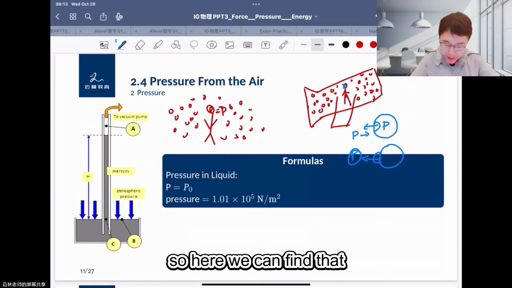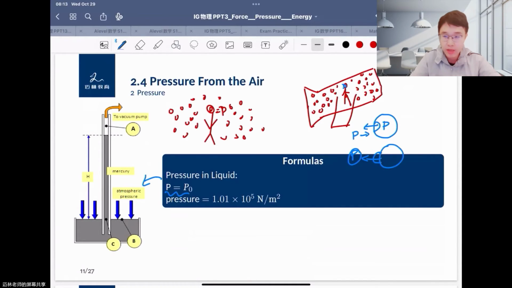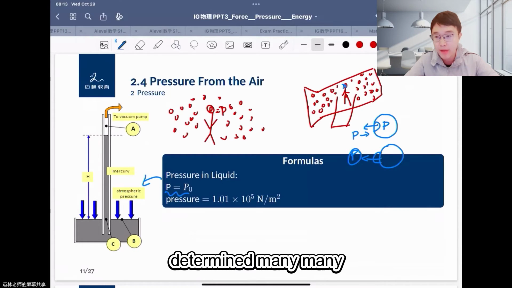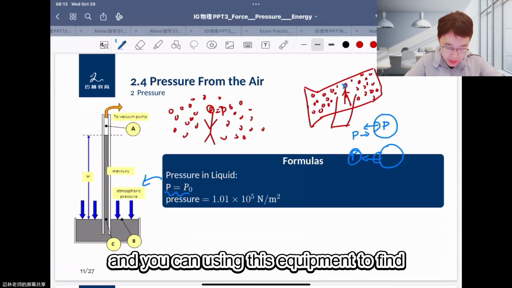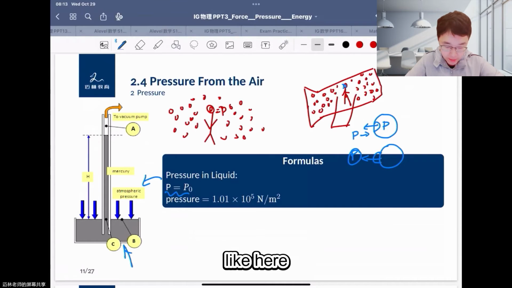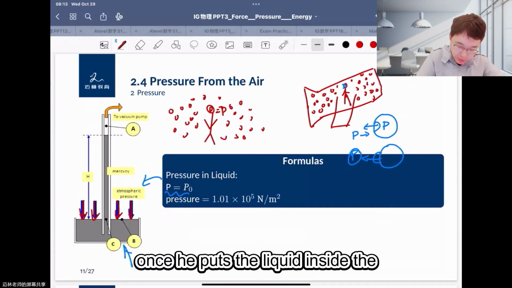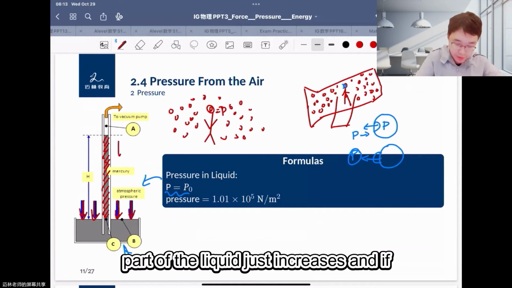So here we can find that air pressure equals a very constant number that was determined by a scientist called Torricelli. Torricelli did many experiments on the pressure from the air, and you can use this equipment to find it. He found that once he puts the liquid inside the apparatus, the top of the liquid increases.